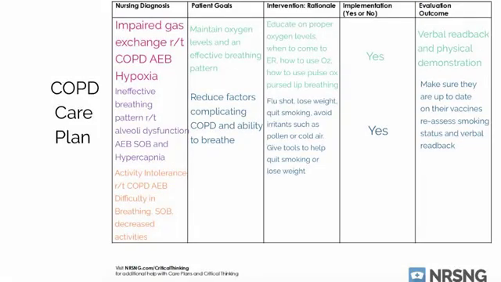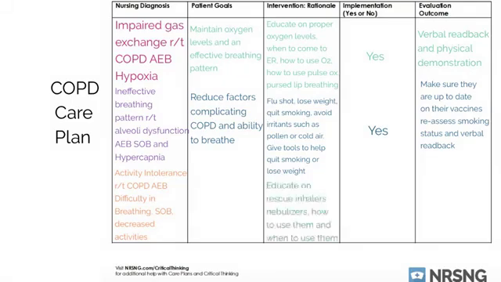Especially if they've been smoking for years, quitting smoking can be very difficult for them. So making sure that they're up to date on their vaccines is a great way to evaluate that. Reassess their smoking status with them. Don't beat them up or make them feel like they're a complete failure because they haven't quit, but continue to encourage them to quit, and then have them give a verbal readback. Why is it important for them to quit smoking?